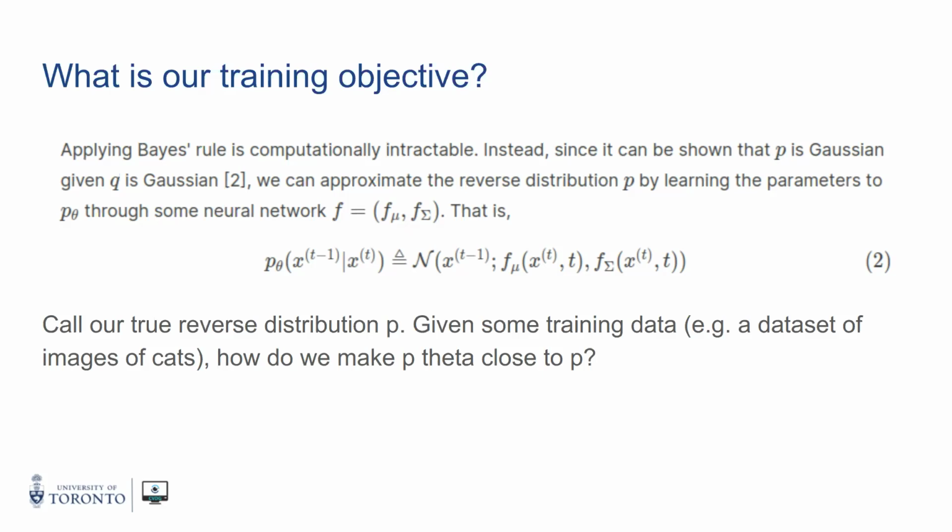So the idea is just this. We want to sample an image for time step t minus 1 from a distribution q of x of t minus 1, given x of t. So given x of t, we want to have a distribution q from which we can sample t minus 1.